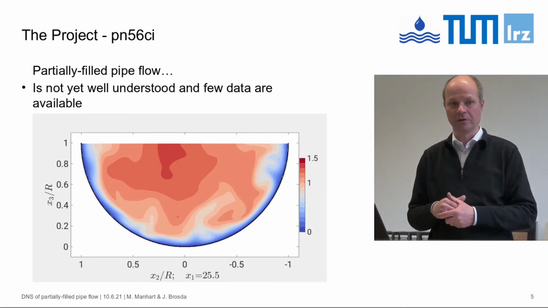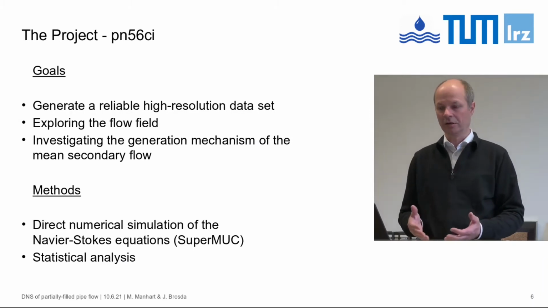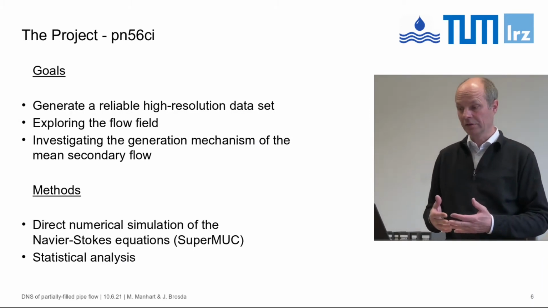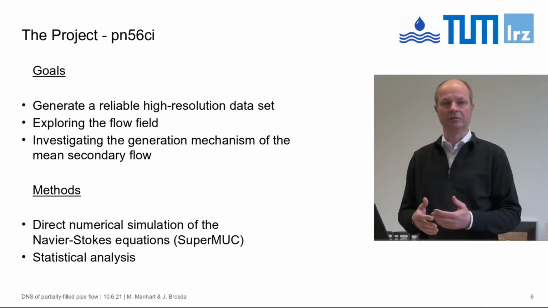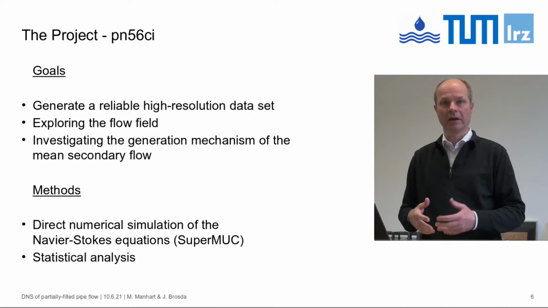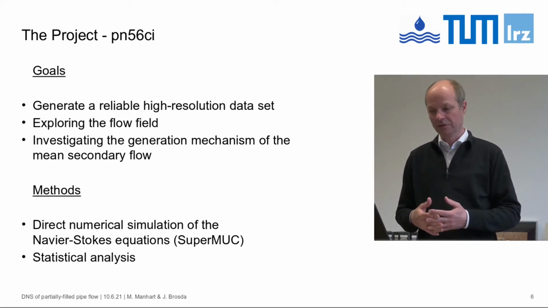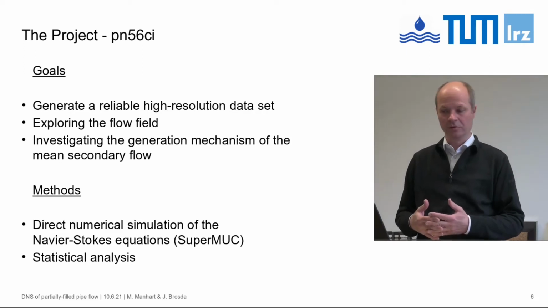perimeter of the pipe. The goals of this project are to generate a reliable, high-resolution dataset, to explore the flow field, and in particular to investigate the generation mechanism of the mean secondary flow.